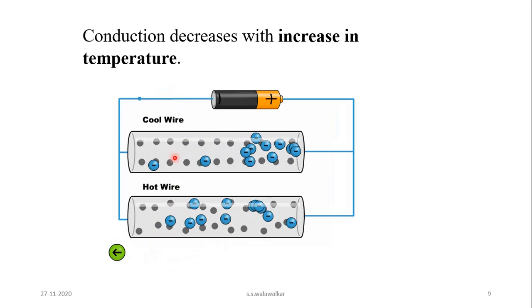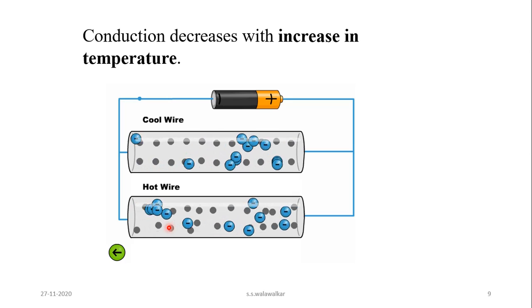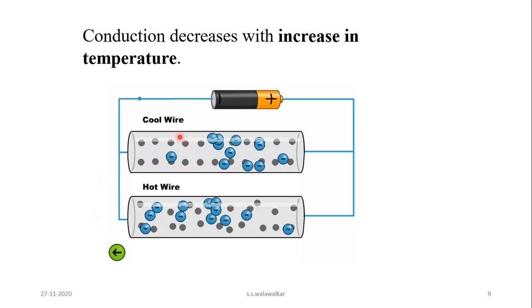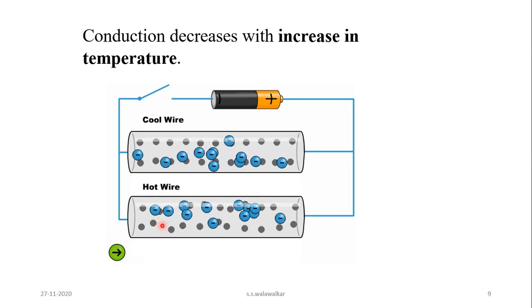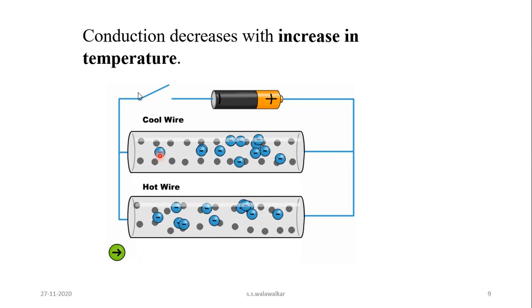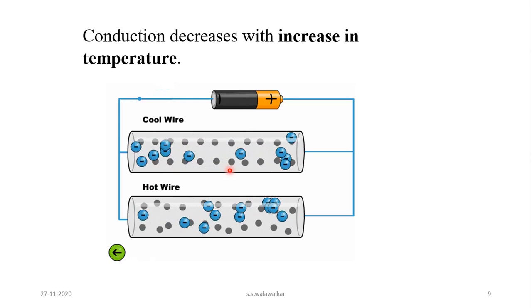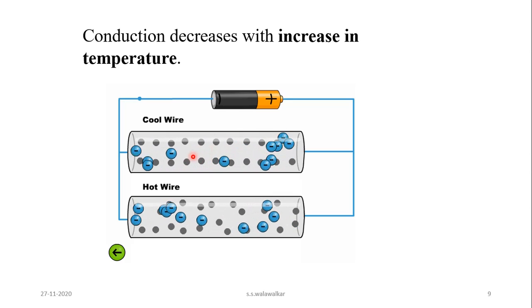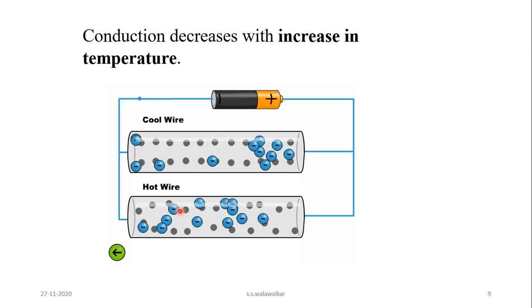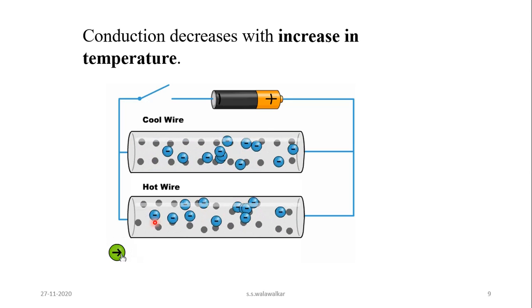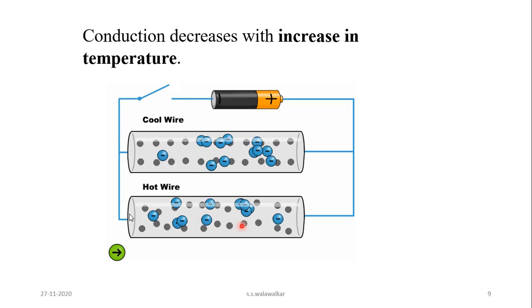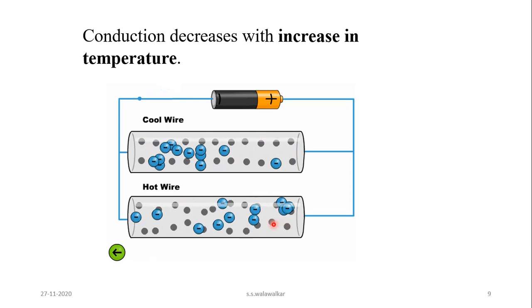Here, see, it is a cold wire and it is a hot wire, and these wires are connected to a battery. When electric current flows through the cold wire, the conduction is more. And when electric current flows through the hot wire, the conduction is slow.